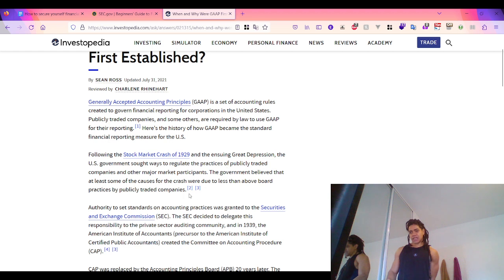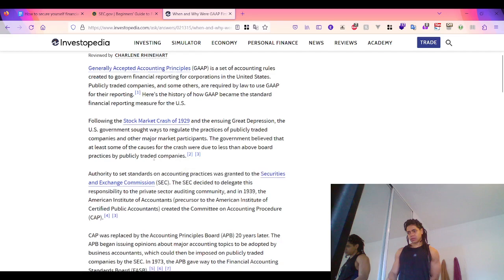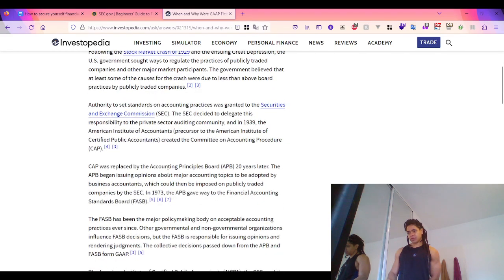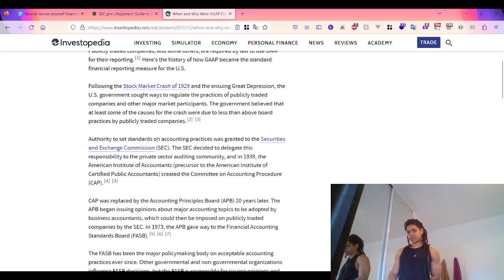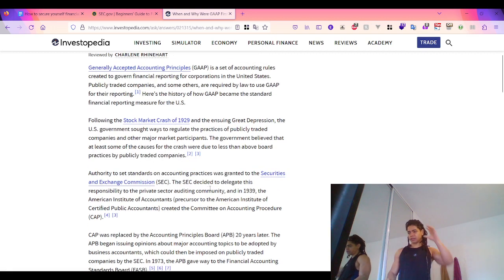The government believed that at least some of the causes of the crash were due to less than above-board practices by publicly traded companies. But it doesn't tell you when it was created. Authority to set standards on accounting practice was granted to the Securities and Exchange Commission.